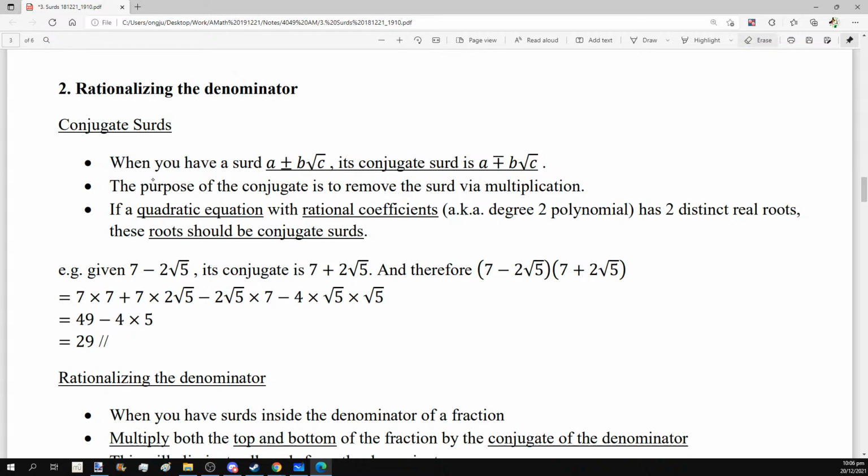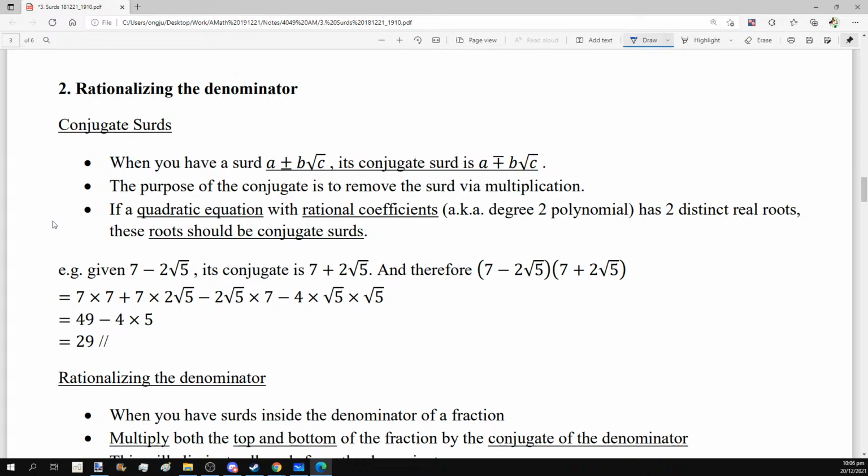And plus minus being in front of the square root happens to adhere to the definition of the conjugate surd, right? The conjugate surd will be minus plus. Therefore, we have this very important strategy, this funny little coincidence of life that we can use. If I have a quadratic equation with rational coefficients, then the roots will be conjugate surds.